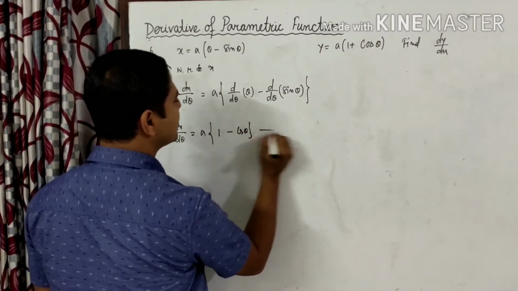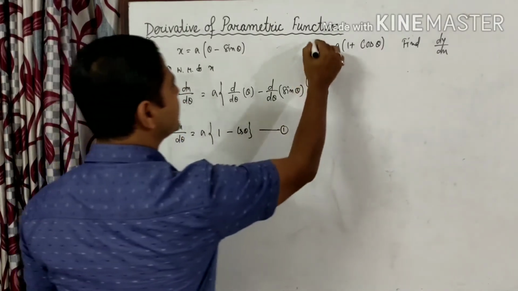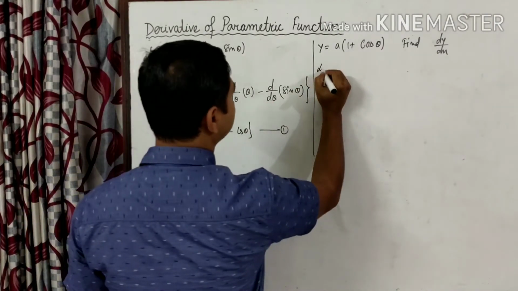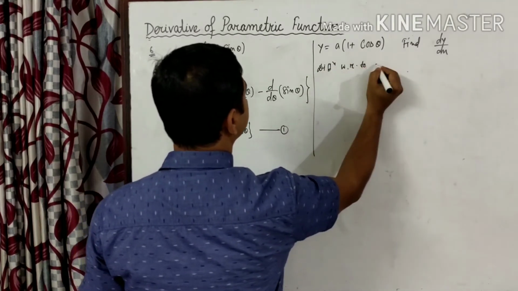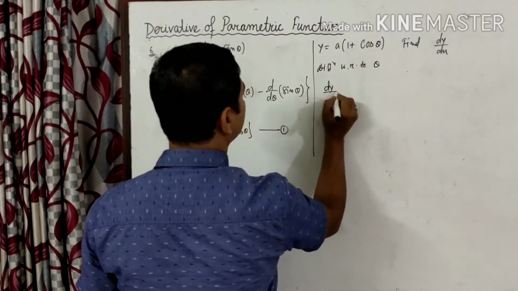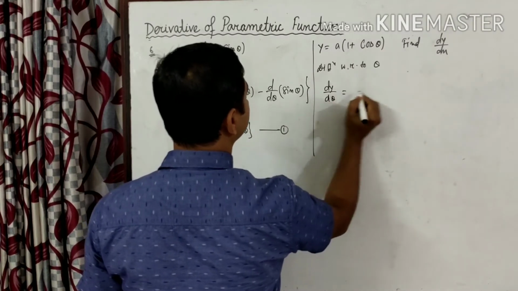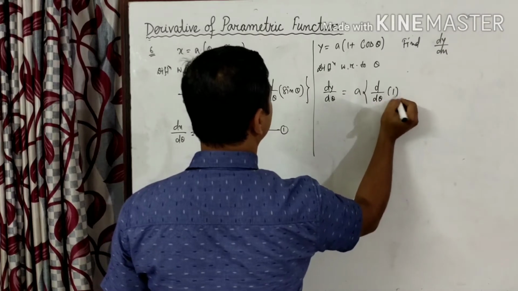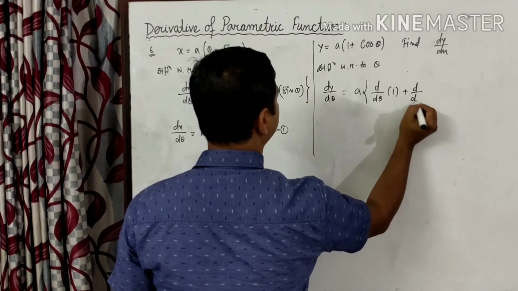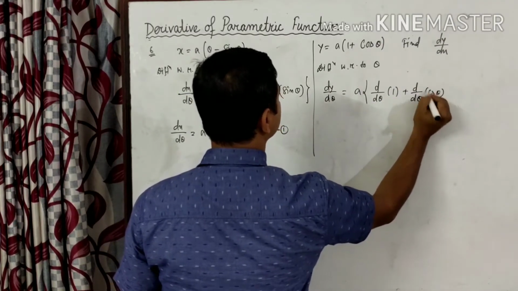This one we considered equation 1. Similarly, when you differentiate this part with respect to theta, you have dy by d theta: a is constant, so we take the derivative of d theta of 1, which is constant, and next d theta of cos of theta.